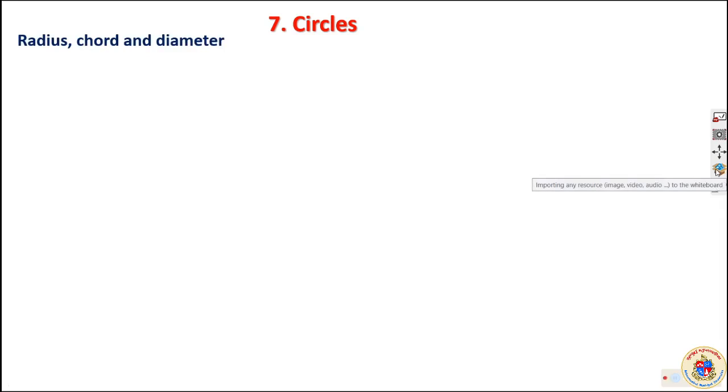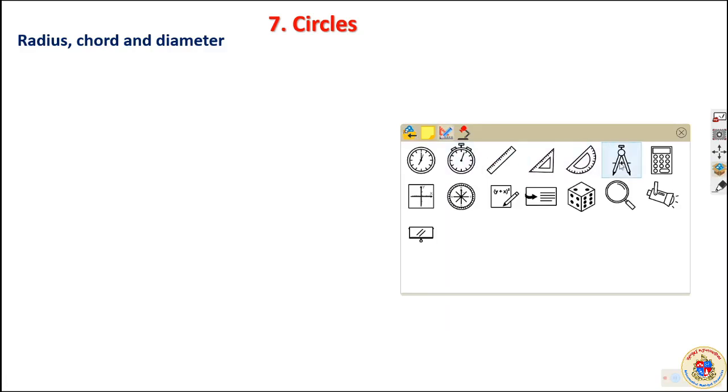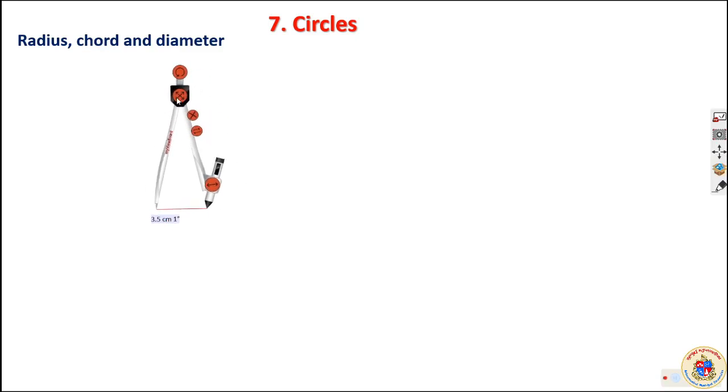There are certain other elements or features related to circle. To make you understand, I should have a circle, and a circle is drawn with the help of a compass. This is the compass. Your geometry box also contains a compass. A compass has one sharp end which you fix where you wish to make the center of the circle.